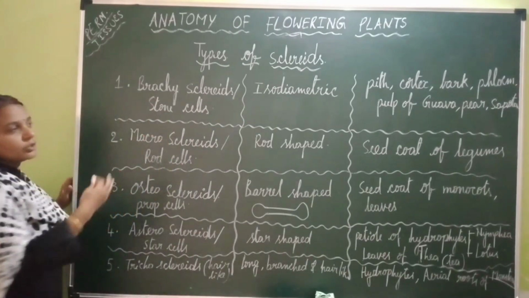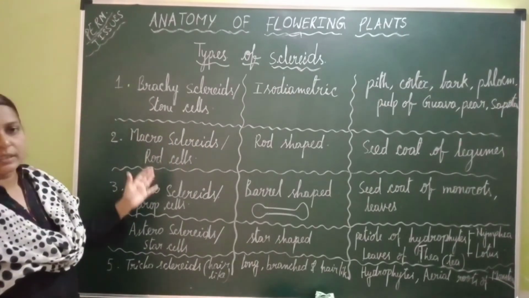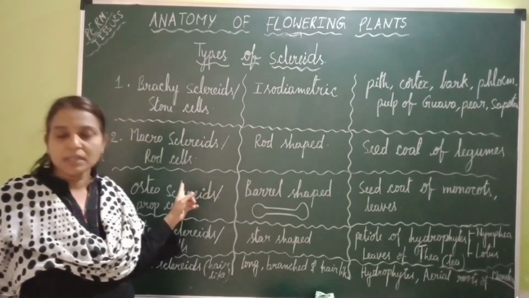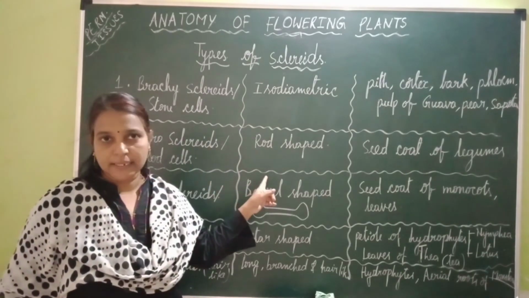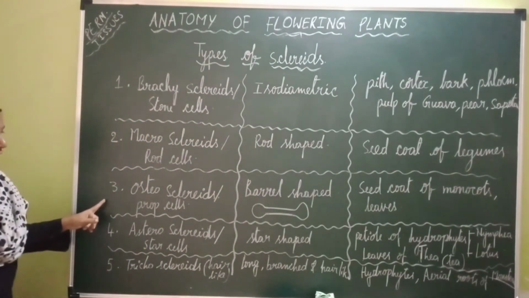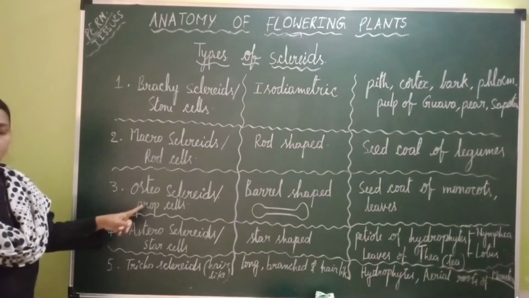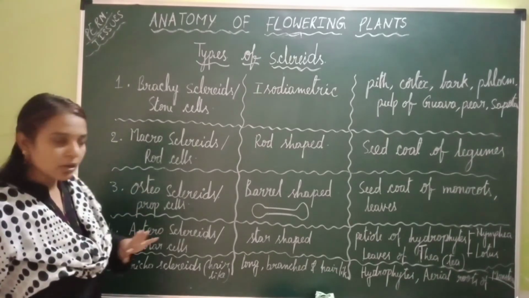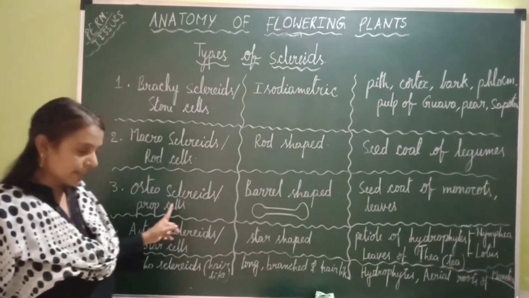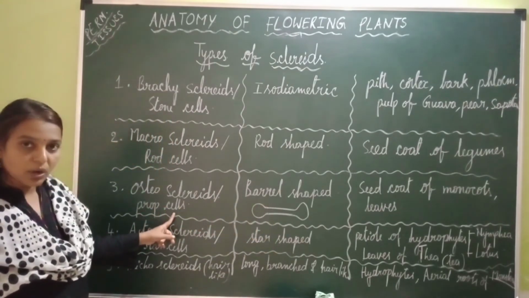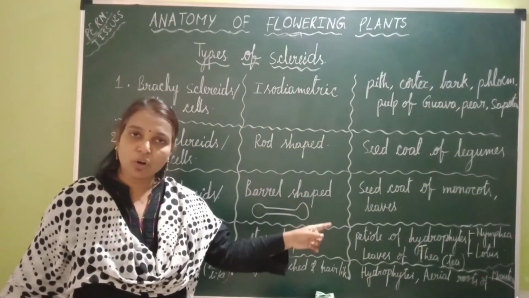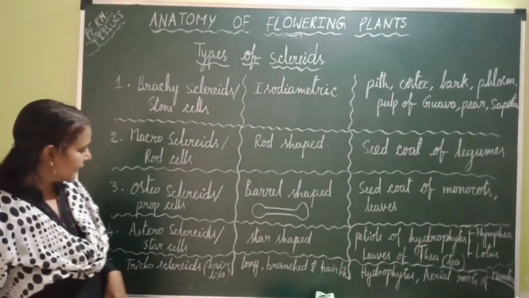Next type is macrosclerids. These are also called rod cells because they are rod shaped, and they are present in the seed coats of legumes. The third type is osteosclerids. They are barrel shaped, hence also called prop cells, and are present in the seed coats of monocots and in leaves.